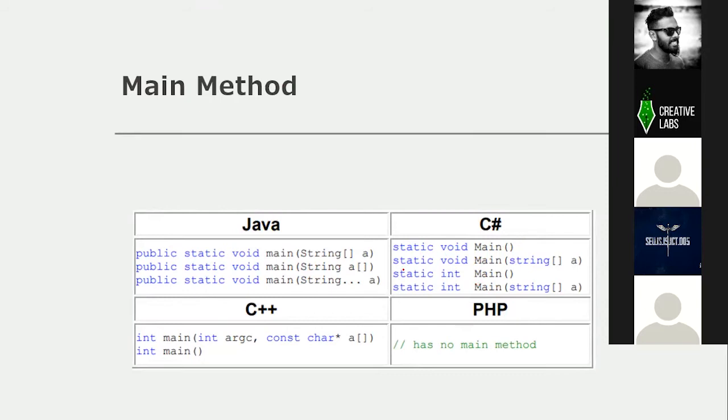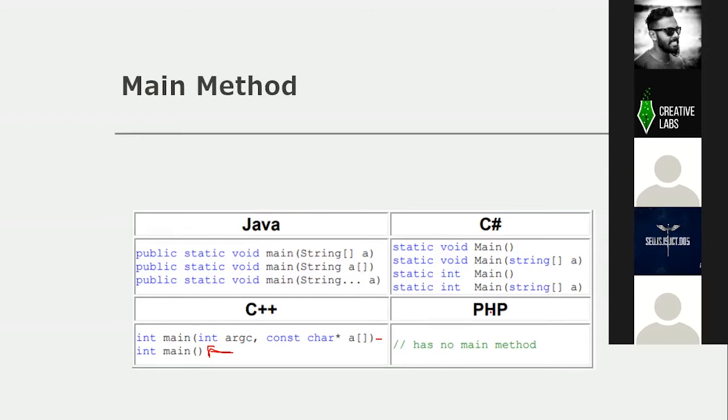Static void Main and static void Main are pretty much similar to Java's implementation. And for C++, we have this one. We either can have an argumented method, or else we can have a method with no arguments, right?